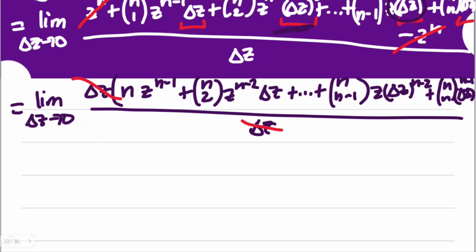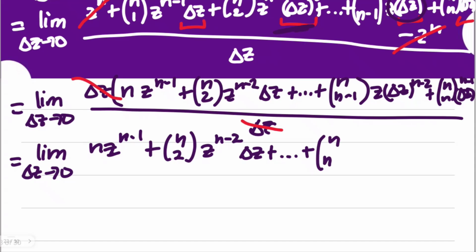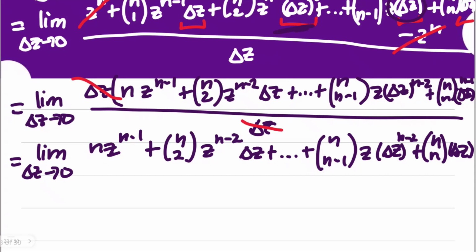So what needs to be done here is listing the limit as delta z approaches 0. So you have here n z to the n minus 1 plus n taken 2 z to the n minus 2, times delta z plus dot dot dot plus n taken n minus 1 z delta z raised to the power of n minus 2 and plus n taken n delta z to the n minus 1.